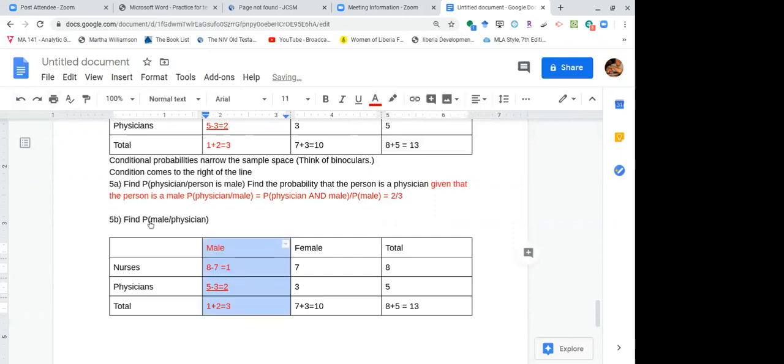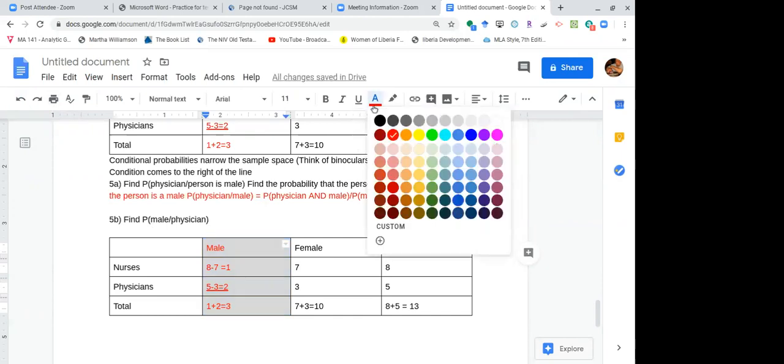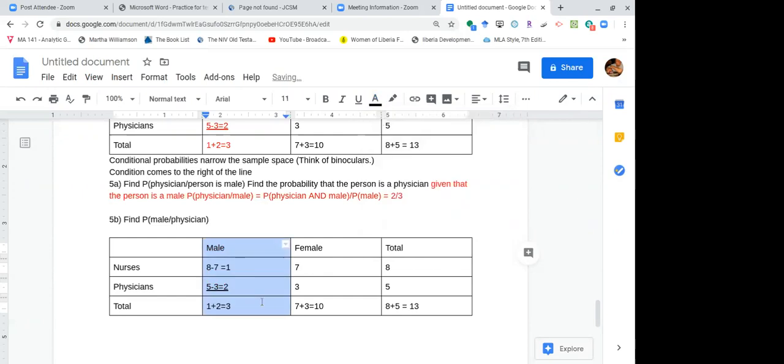Undo that. How do I make you go away, black? Maybe. Okay. And then I can make you go back. I don't underline you anymore. I don't want to underline anybody. Okay. So now we're back to that, right?